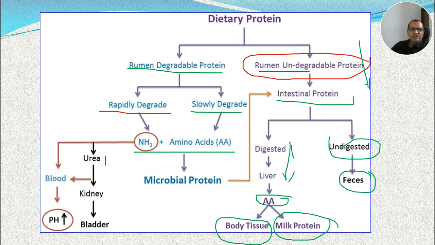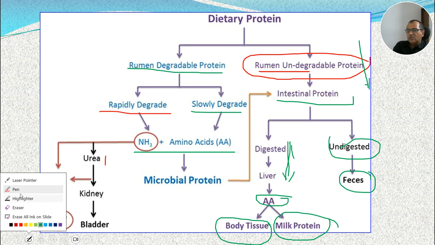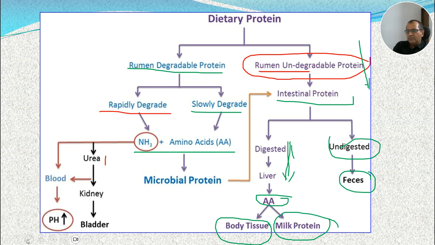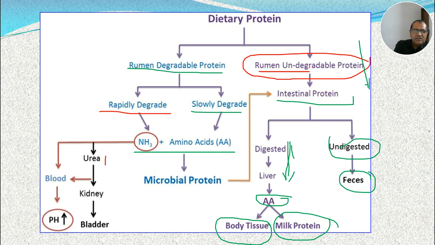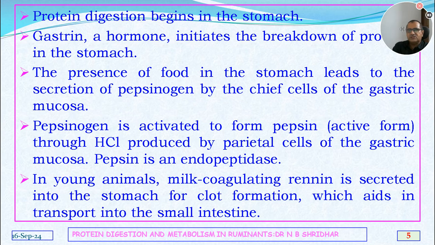The rumen undegradable proteins are digested with the help of many enzymes, absorbed into the circulation as amino acids, and then they form good milk. This is the important thing to note.